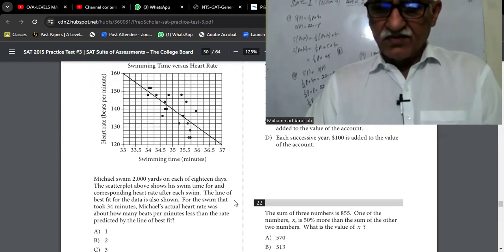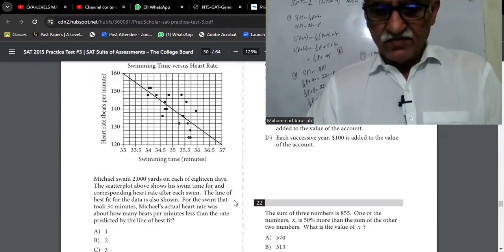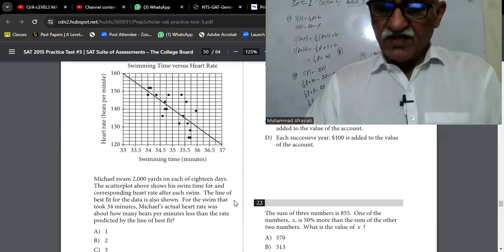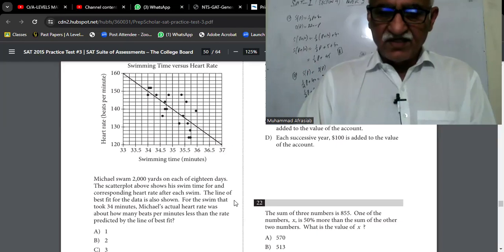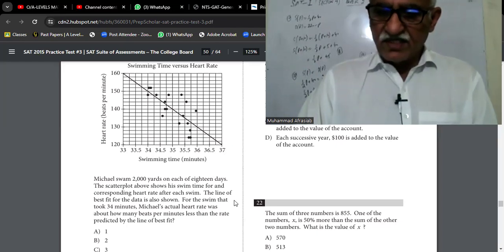Michael swims 2,000 yards on each of these 18 days. The scatter plot is the graph shown there, corresponding to the heartbeat after each swim. The line of best fit is shown there.